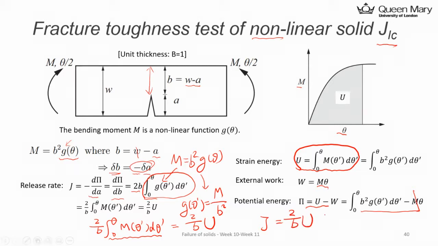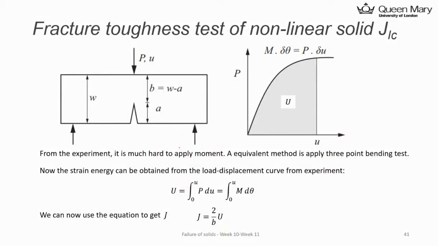Very simplified. And in the experiment, we found it's very hard to apply a moment on the sample. Its equivalent method is just to apply the 3-point bending by a point force like that, like we normally do, and you will get a similar curve like that.